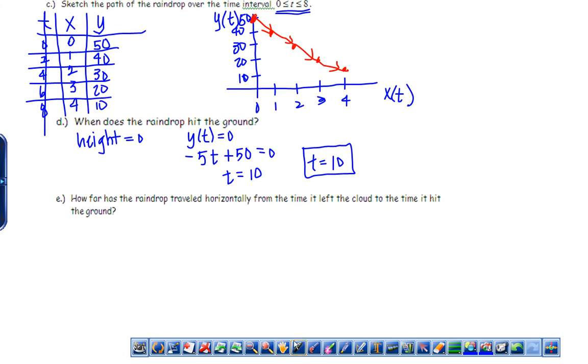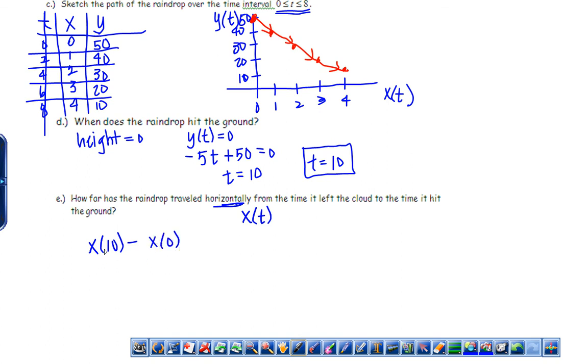All right, it says, how far has the raindrop traveled horizontally? Now, horizontally is going to be my x of t value from the time it left the cloud to the time it hit the ground. I know that it hit the ground when time was 10. So I'm going to say x of 10 minus when it started at x of 0.